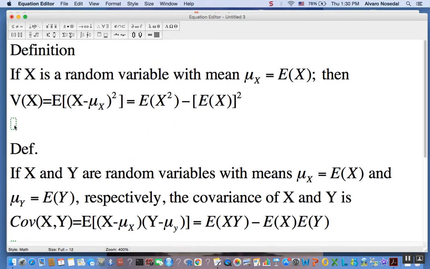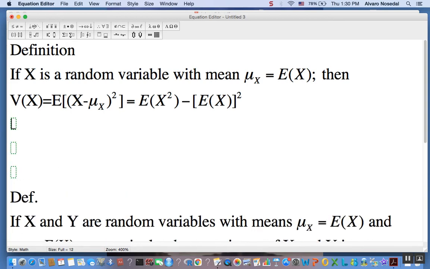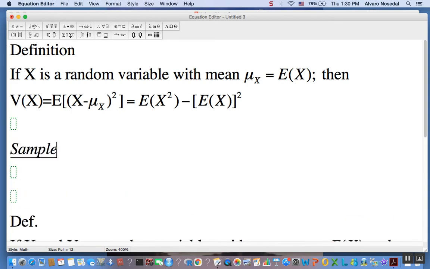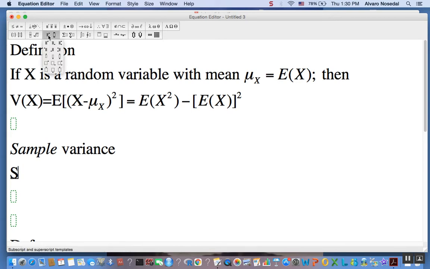Just as we have the sample mean, which is a good estimator for the mean, we are going to have sample versions of these quantities. So for instance, for the variance, let's talk about the sample variance. The formula is just the summation of x i minus x bar, squared, divided by n minus 1.